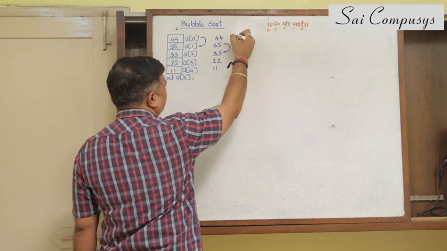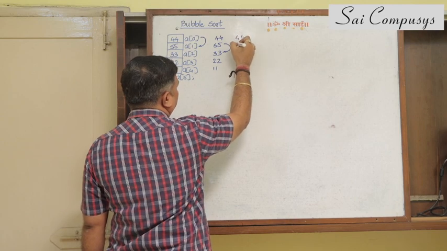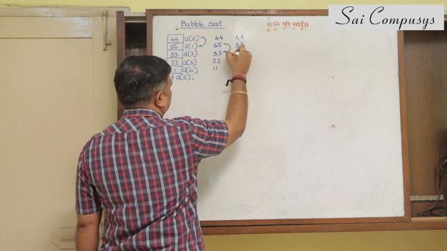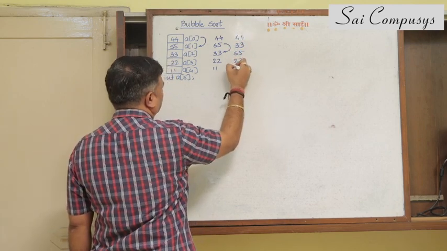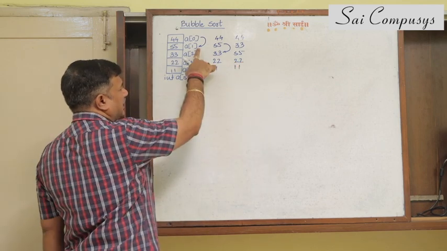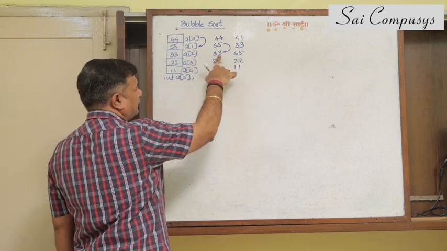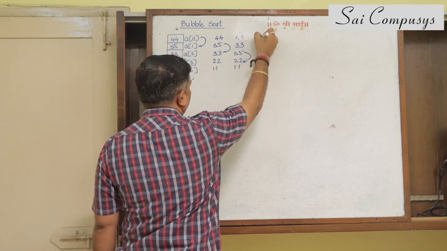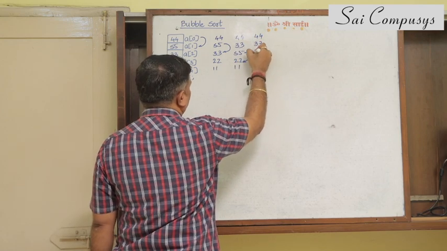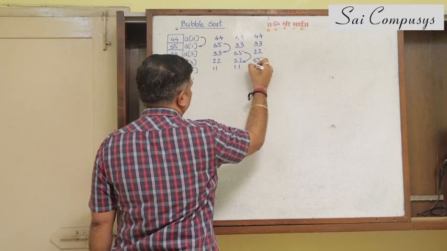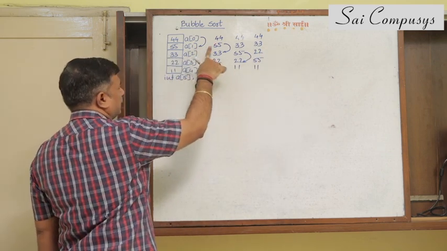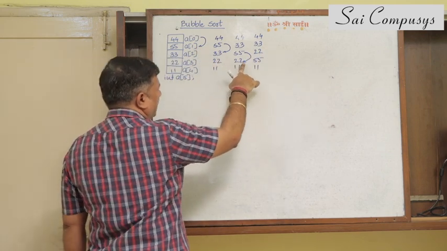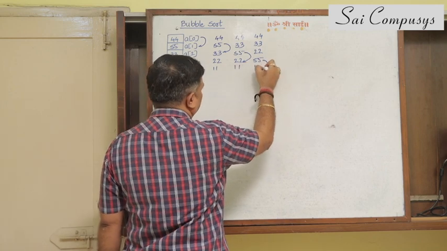A0 with A1, then A1 with A2. If it's greater, I have to interchange them. So I get 44, 33, 55, 22, 11. A0 with A1, A1 with A2, A2 with A3: 44, 33, 22, 55, 11. A0 with A1, A1 with A2, A2 with A3, A3 with A4.